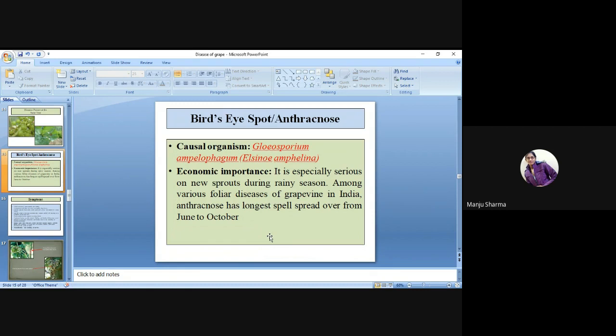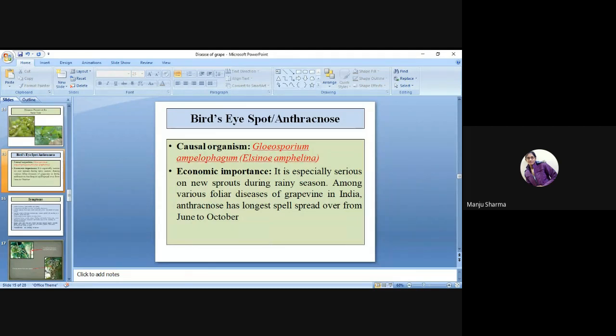Like a disease in rice in which frog eye-like symptoms are there, or the anthracnose disease of the grapevine in which the bird's eye spots are there. So, economic importance: it is especially serious on new sprouts during the rainy season.